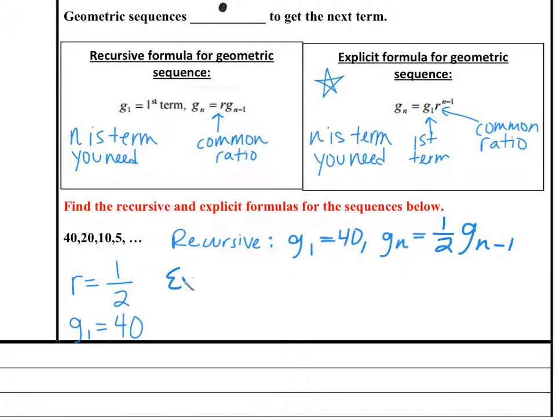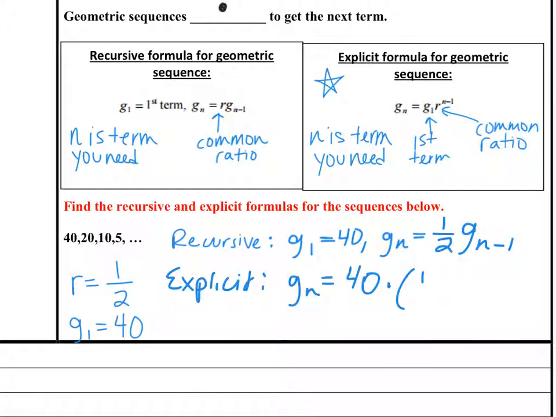Explicit would be Gn. If you knew what term you're solving for, like the 30th term, this is what you would use, and you would put G30 is equal to 40, because that is G1, times the common ratio to the n minus 1.